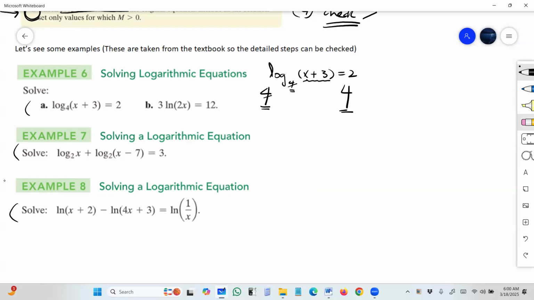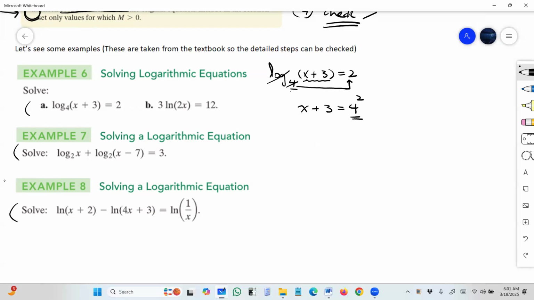So this is the shortcut. Instead of doing this every single time, this is what you will do on an exam. Here's the base 4. This 4 becomes the base on the other side. These two will cancel. On the left side, I am left with x plus 3, and then 4 squared.